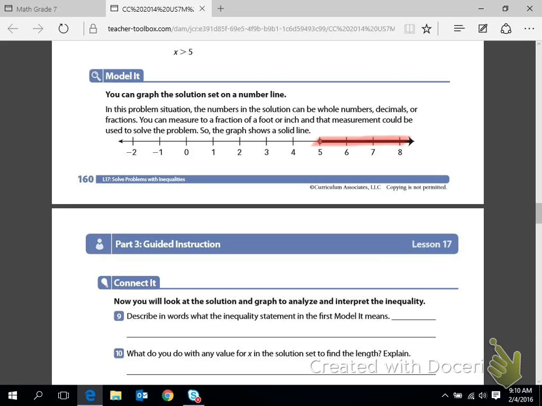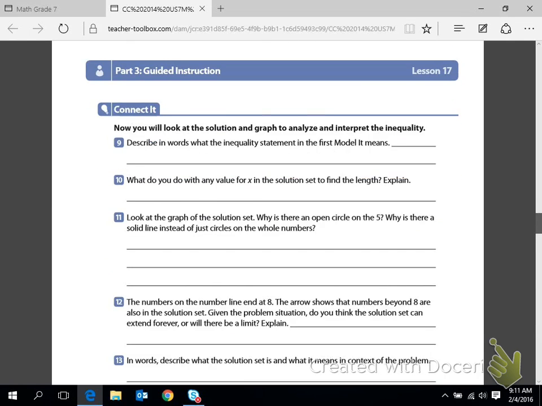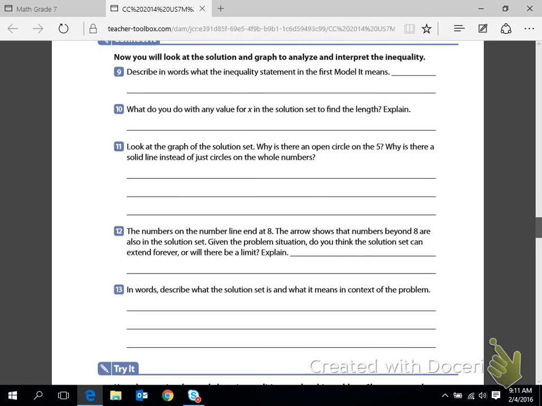Now let's make some connections about what we just covered with our two modeling situations. We want to look at the solution and the graph to analyze and interpret the inequality.